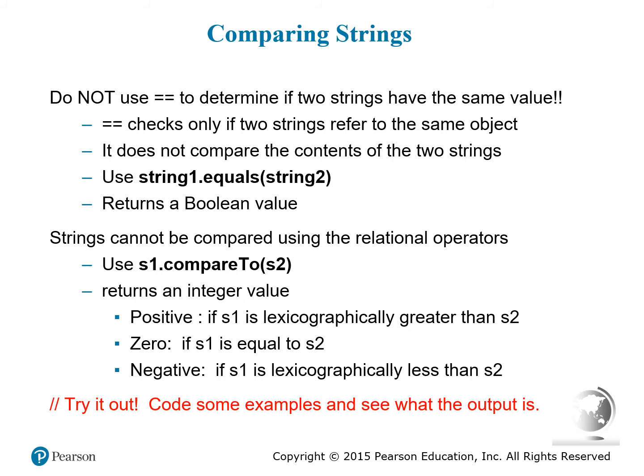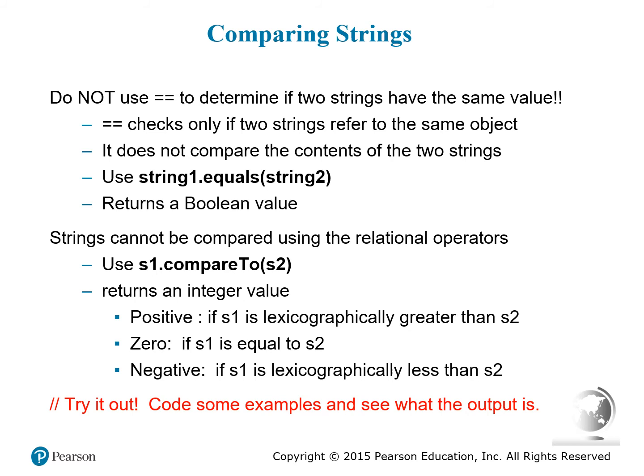Likewise, we cannot compare two strings using relational operators. We need to use compareTo in order to achieve this. It is worth stating that when we compare two strings, we are considering alphabetical order. Therefore, s1 is greater than s2 if it comes after s2 in alphabetical order. Also, s1 is less than s2 if it comes before s2 in alphabetical order.